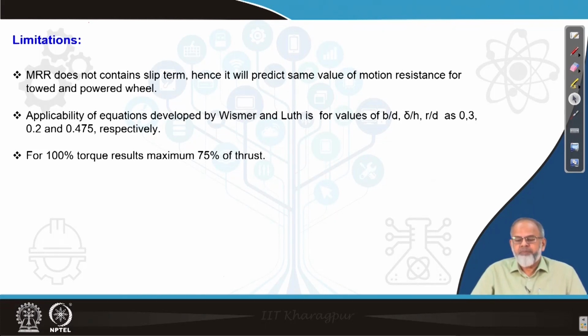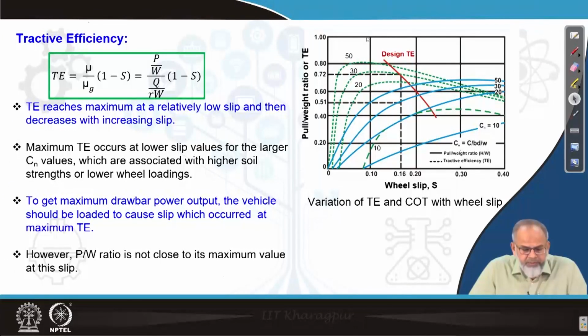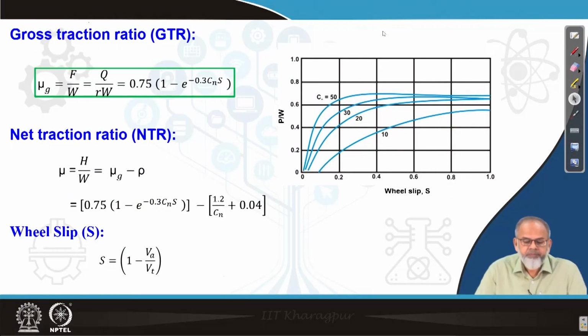applicability. If you exceed B by D ratio, if you exceed delta by H ratio, because R by D ratio is nearly constant. So these are the two values 0.3 and 0.2. If you exceed, then applicability of Wismer and Luth is not known. And another limitation is, if you look at the equation given by Wismer and Luth, maximum you can develop 75% of the torque which is applied to useful tractive force.